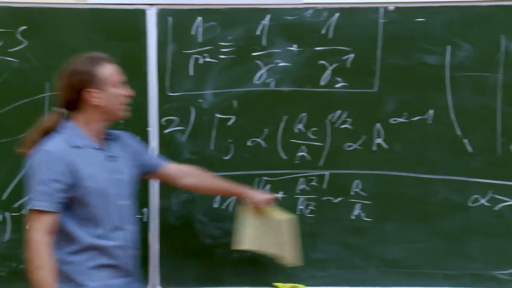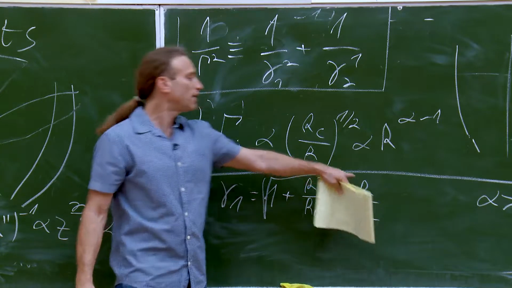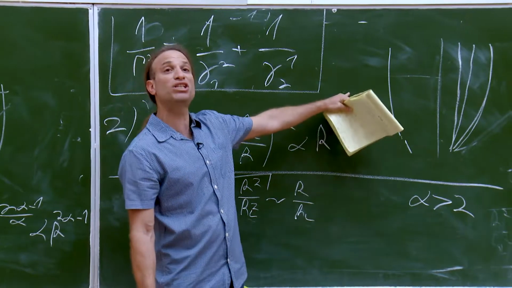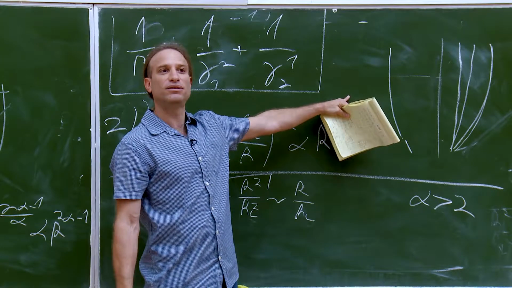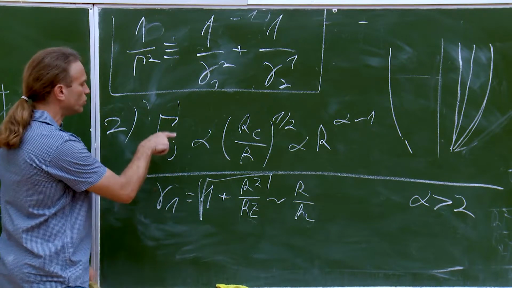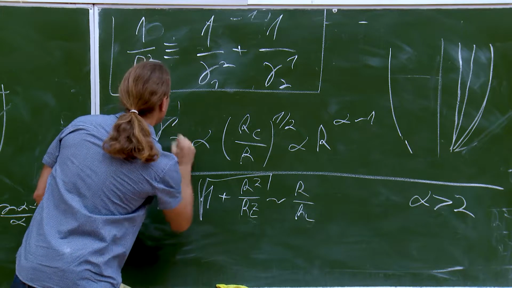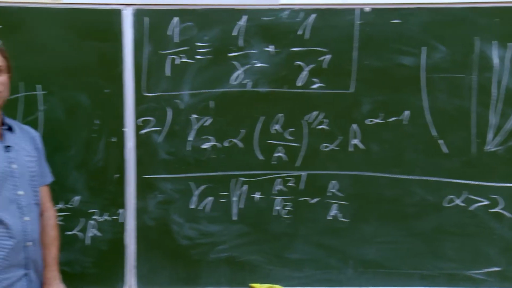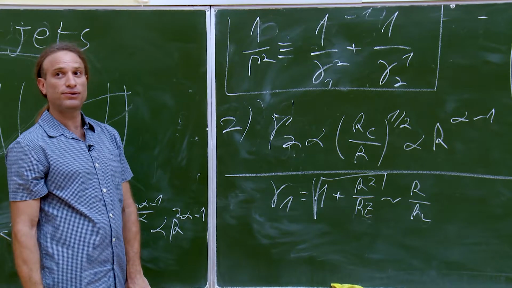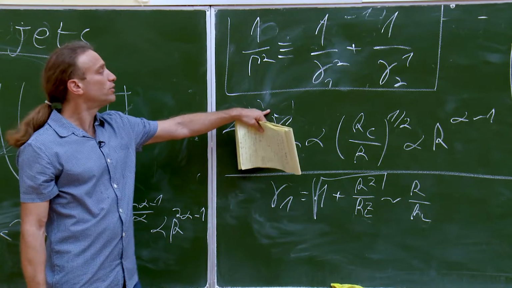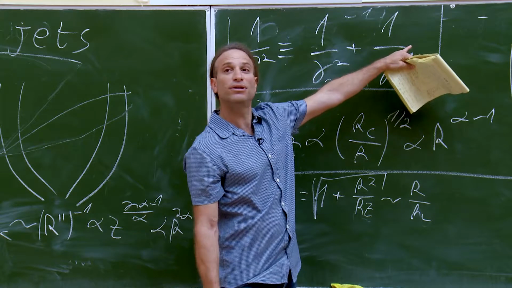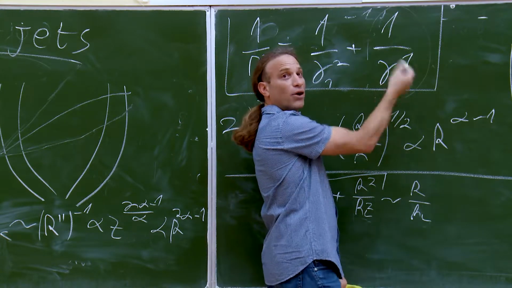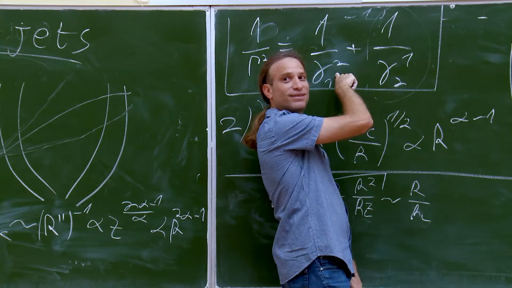So gamma 1 is linear with R. Gamma 2, when alpha is larger than 2, goes like a power which is larger than 1. So which one of the two will win? Gamma 2 or gamma 1? Which is larger? Gamma 2 is larger. So if gamma 2 is larger, this quantity, 1 over gamma 2, is much smaller than this.